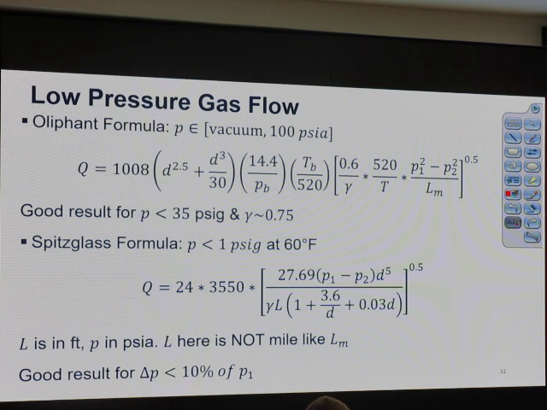Low pressure gas. If we have vacuum pressure or 100 psi, there's another equation. It's just an equation for you to write down. Quite boring, but okay, you need that. At this point, do you have any difficulty doing substitution and doing the calculation?